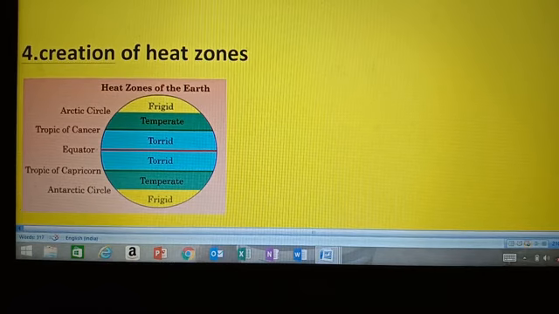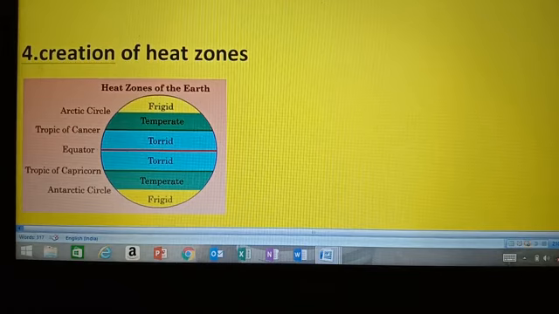Perihelion happens in the month of January and aphelion happens in the month of July, children. On January 3, Earth's orbit is closest to the sun. This time is said to be perihelion, and on July 4th it is farthest. That time is called aphelion.